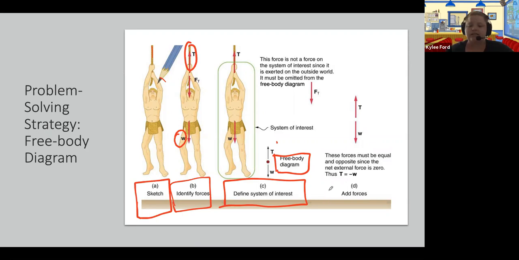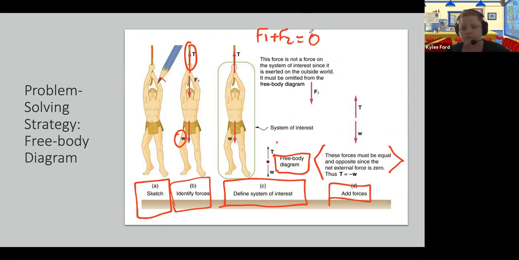And then our last step is going to be to add the forces together. So typically it would be like F1 plus F2, and so on. As it states here, these forces must be equal and opposite, since the net external force is 0. So their addition must be equal to 0.